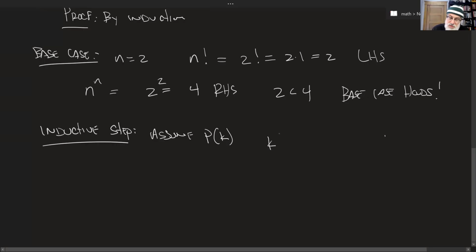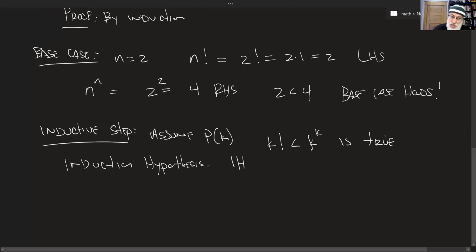So it's going to be k factorial is less than k raised to k. We're going to assume this is true. And this is what we call the induction hypothesis, or IH. So we're assuming that's true for some value of k, up till k.